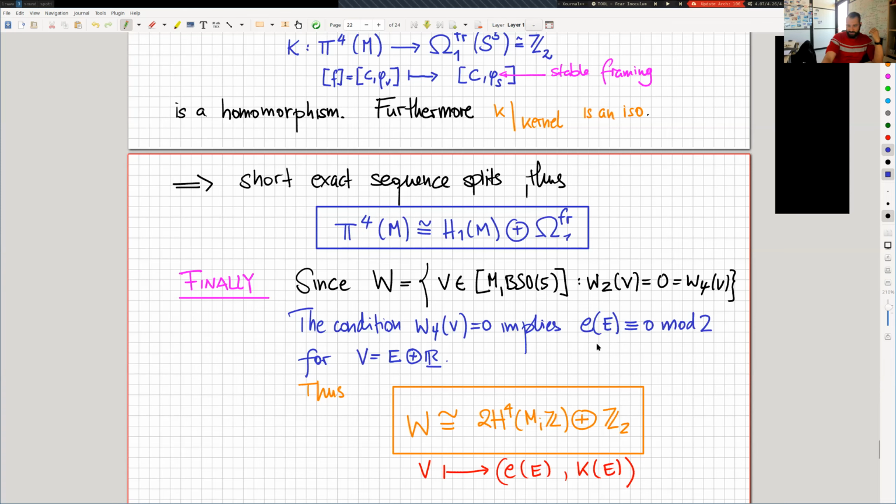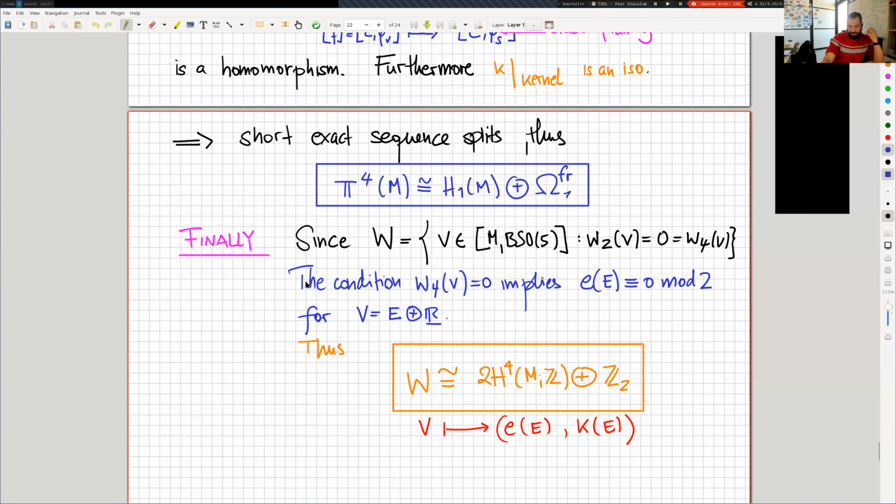And these are precisely the classes which are divisible by 2. This is what I'm writing here. So actually this is not exactly precise. This is just the pre-image of the kernel of the coefficient homomorphism from Z to Z2. But it's roughly this one here, right? And this is just the classification of these vector bundles.